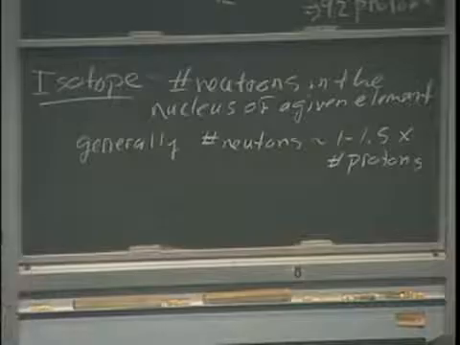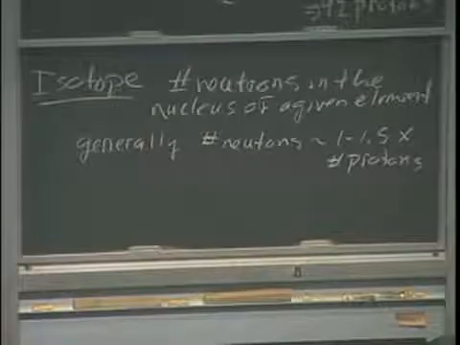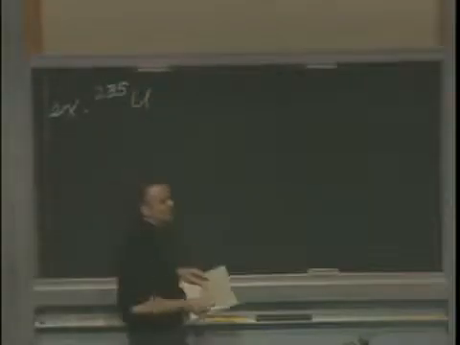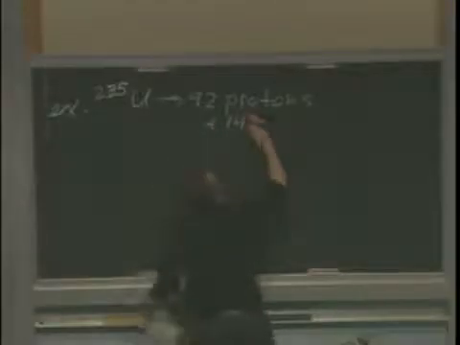So let's do an example of this. Another one that will be important for the rest of our discussion. There are two very important isotopes which we're going to talk about. One is uranium-235. Uranium, it is uranium, so all uranium atoms have 92 protons. So uranium-235 by default has 92 protons, and it has 143 neutrons.